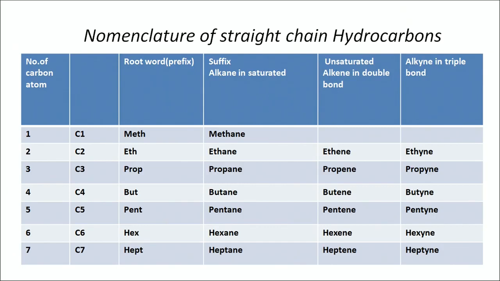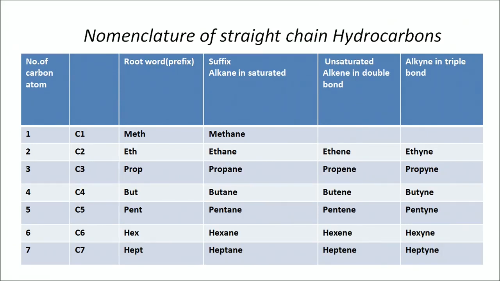So when there is one carbon, we call it methane. Meth is the root word and ane is the suffix. Root word is taken as a prefix and ane is taken as a suffix. When you have carbon 2, it becomes eth, and if it is saturated, it will have the suffix ane, so it will be ethane. But if it is unsaturated, it will have ene or yne.